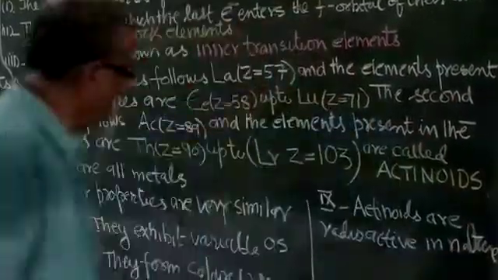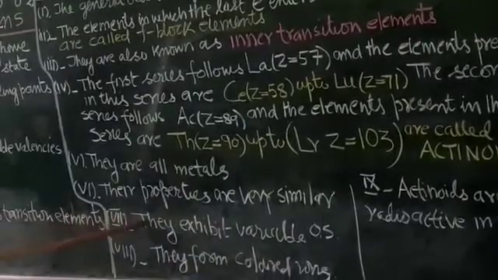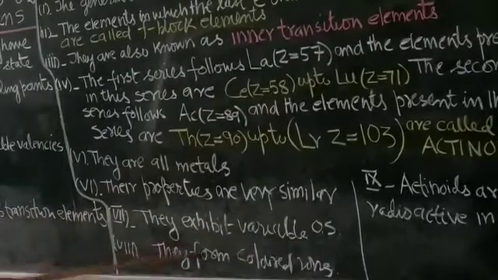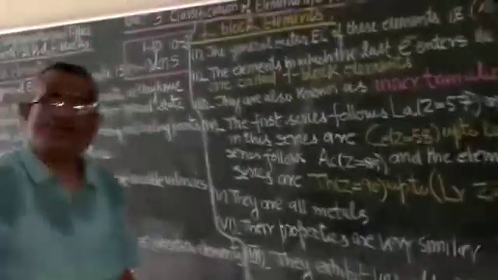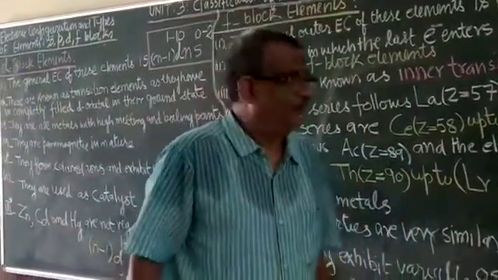You will study this later on. Then, property number 7, they exhibit, yes, we have done this. Property number 8, they form colored ions. Mostly some of the lanthanoid ions are colored.